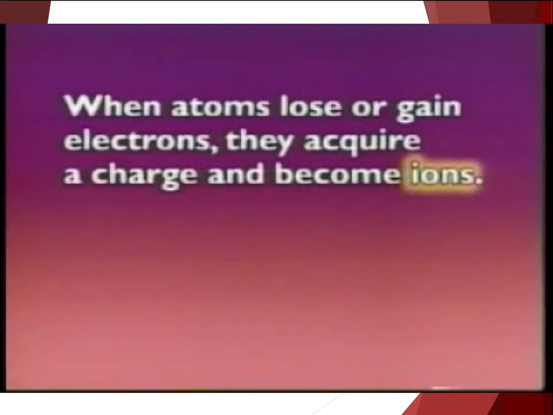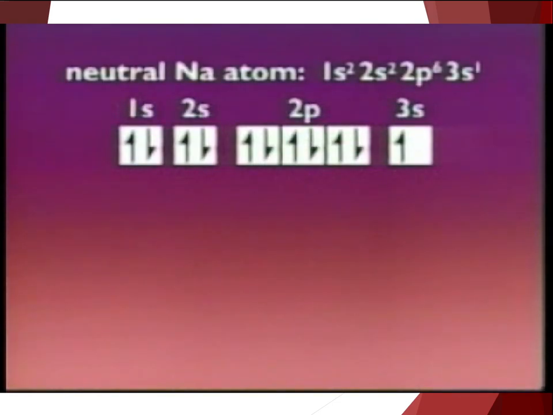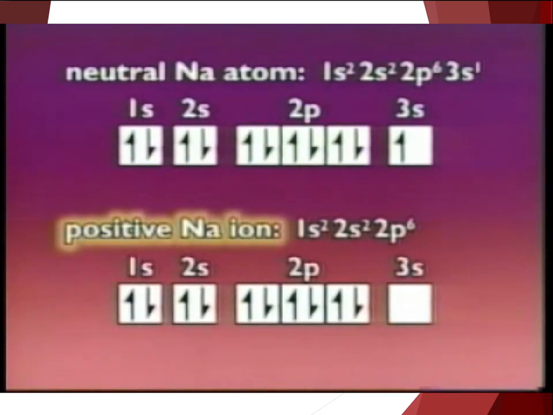When atoms lose or gain electrons, they acquire a charge and become ions. The orbital diagrams for the ions reflect the addition or subtraction of the electron. For instance, here's the orbital diagram for the neutral element sodium again, and here's the orbital diagram for the positive sodium ion.